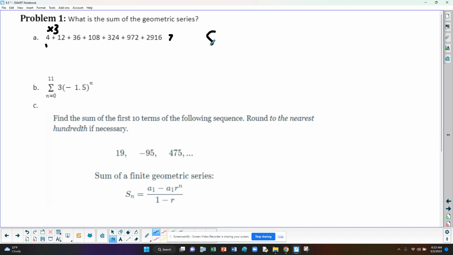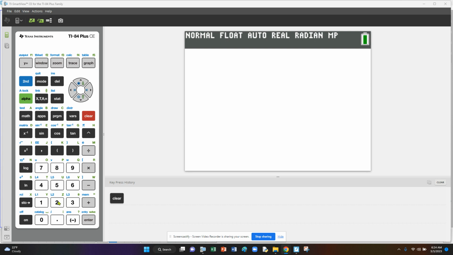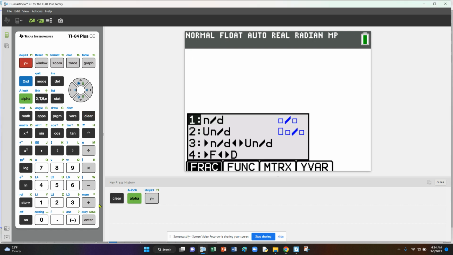Now I have enough. So I'm going to have a sum of 7 terms equals, let's see, we've got a 4 times 1 minus my rate, which is 3 to the 7th power, all over 1 minus 3. And for this one, I'll head to my calculator. In my calculator, I'm going to make a fraction.